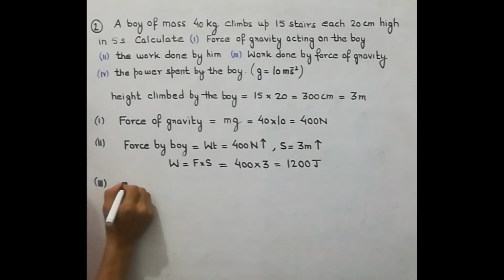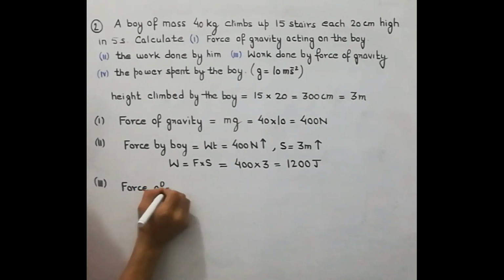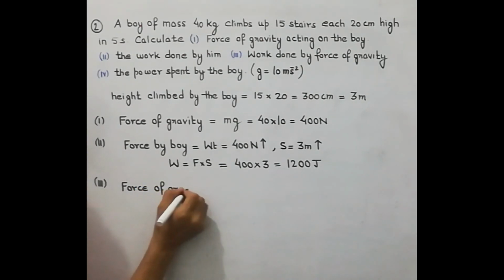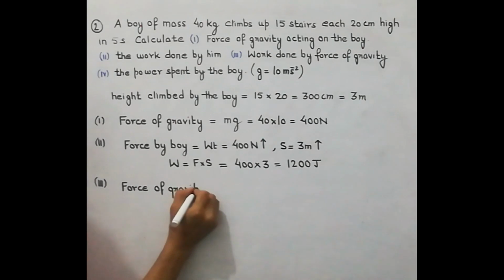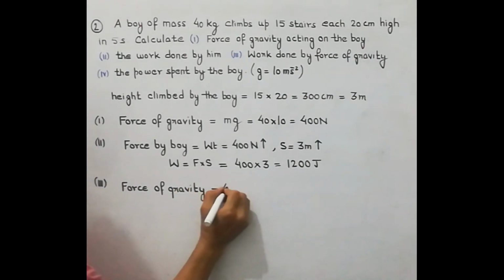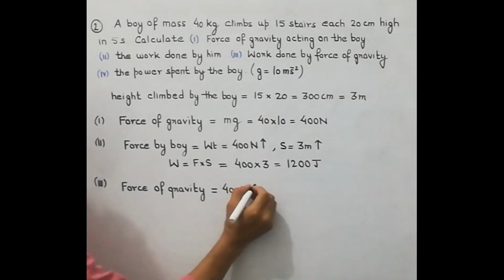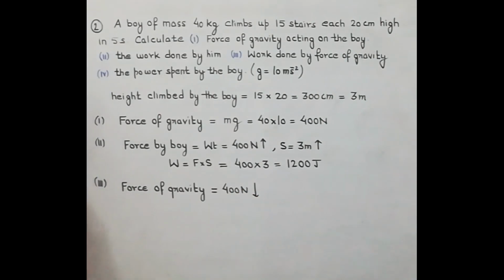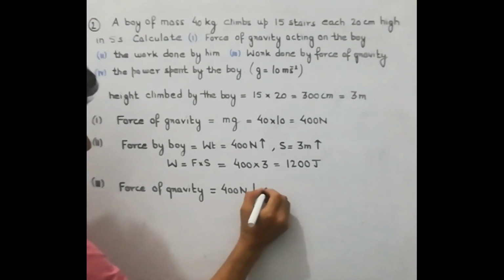So let's see force of gravity. That we have already calculated. The force of gravity is 400 Newton. But we know that force of gravity always acts in the downward direction. Now in which direction was the boy moving?